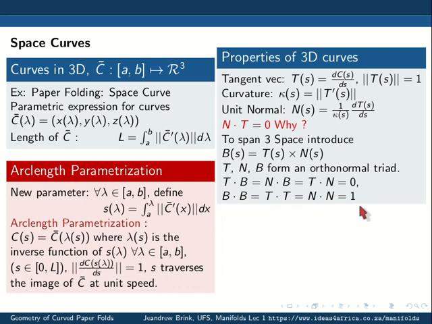If you are given a curve, making this little triad is a very natural way of describing things around the curve. The only thing you have to remember is this thing varies at every single point of the curve. So as your curve twists around space, this triad goes with the curve. And at each point, it's completely stuck to the curve. So for example, you have this curve, right?